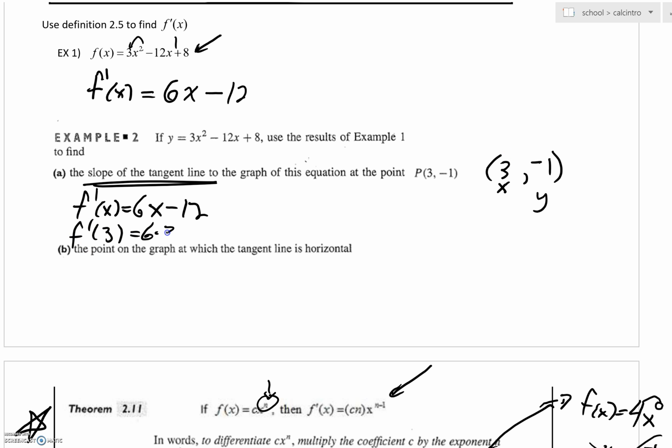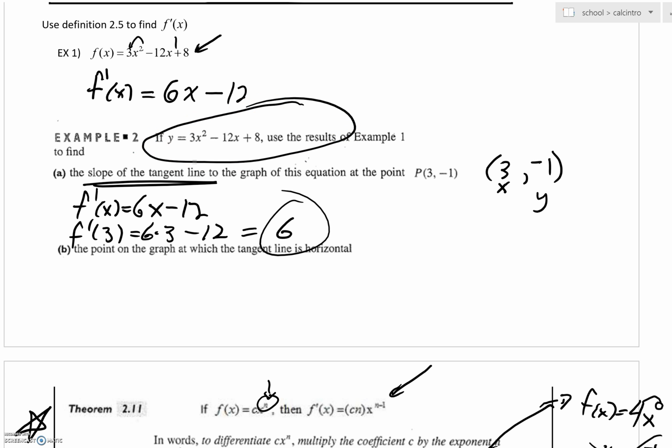And we know that 6 times 3 is 18. 18 minus 12 is a 6. The slope of that tangent line is 6. Right? By way of comparison, if instead I told you, oh, did you know that this y is actually a position function, then the derivative would be the instantaneous velocity there. Right? So that's another way to look at it.